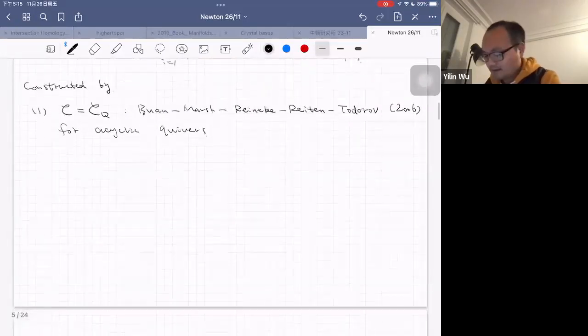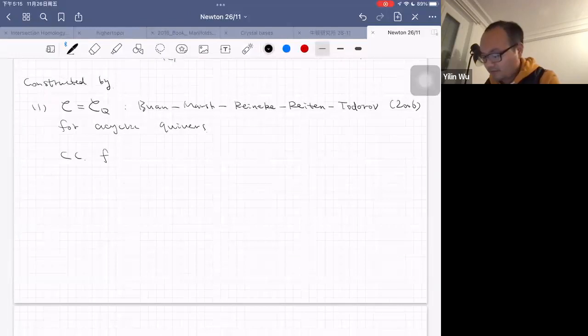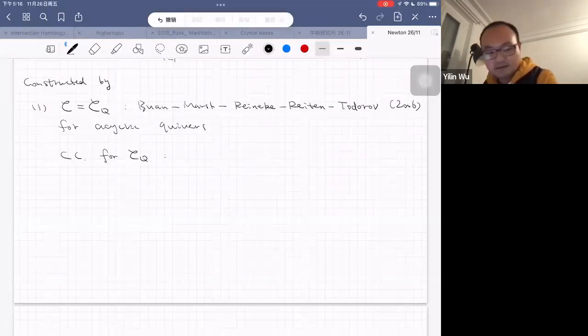And then the cluster character for C_Q is constructed by the Caldero-Chapoton formula in their work.